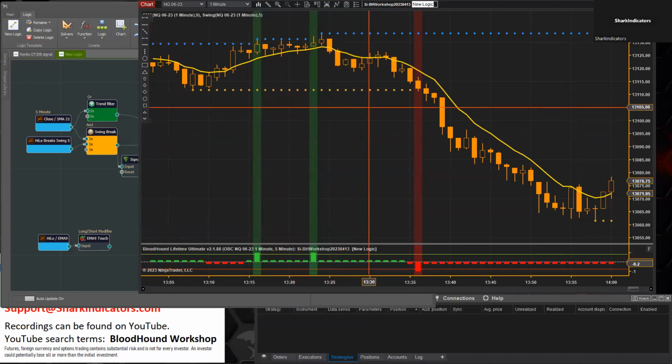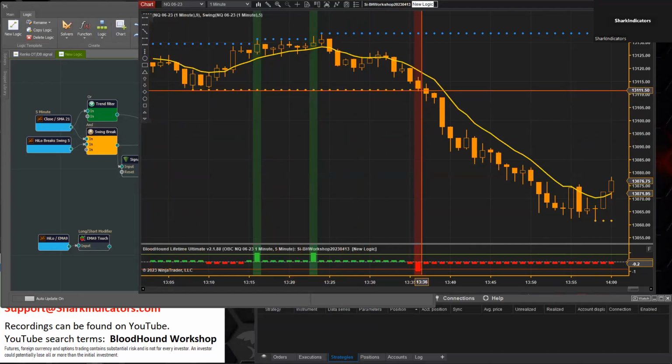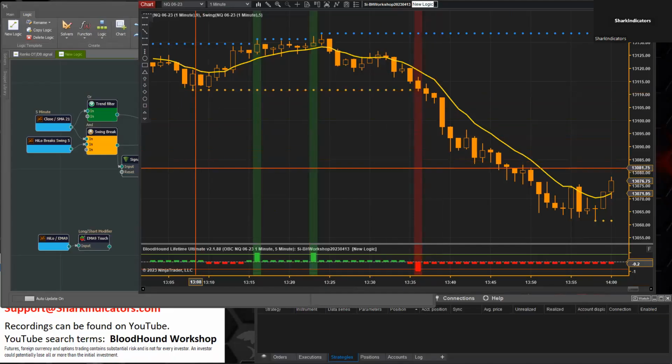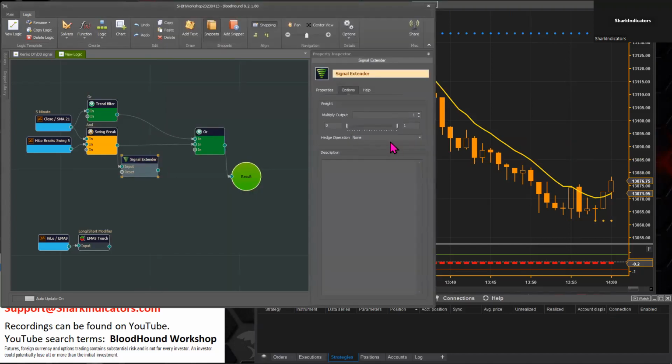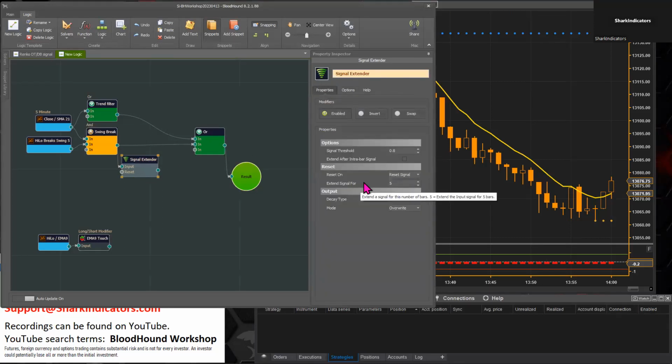All right. So again, we're going to limit the number of these continuation bars to 8. For my signal extender, I need to go back to the properties tab and up this to 8. We're going to need some resets on this, but we'll come back to them as we discover them.